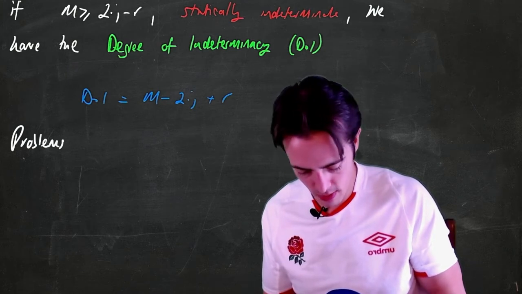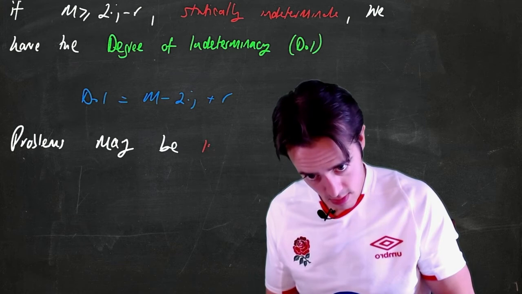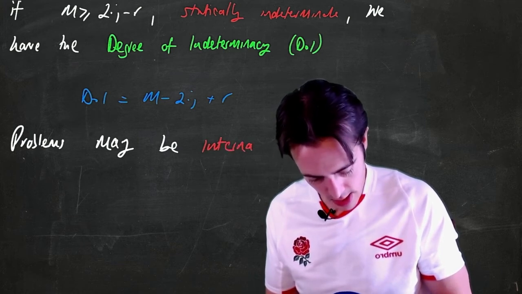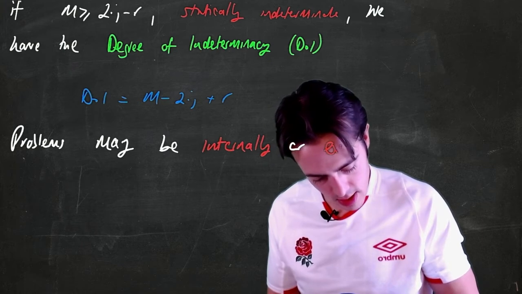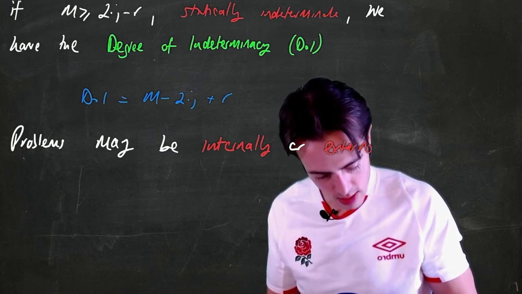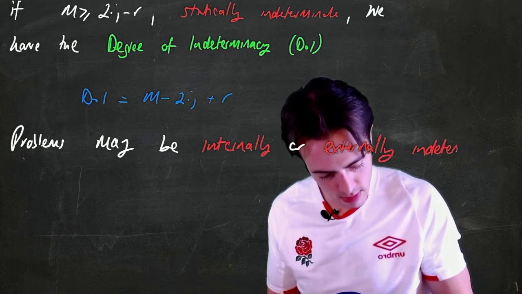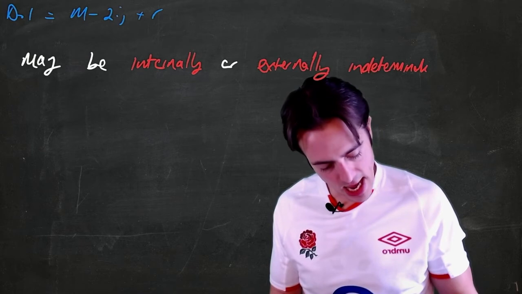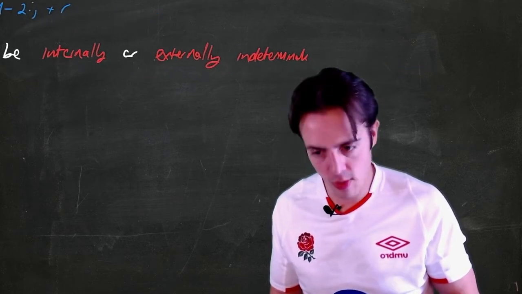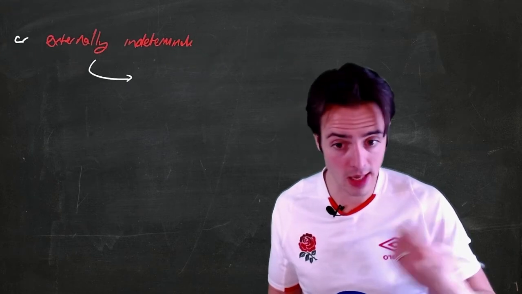So problems may be internally or externally indeterminate. Externally indeterminate is the easiest one to actually recognize. One of the problems that I just showed you was actually externally indeterminate.